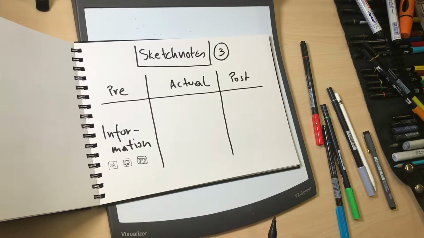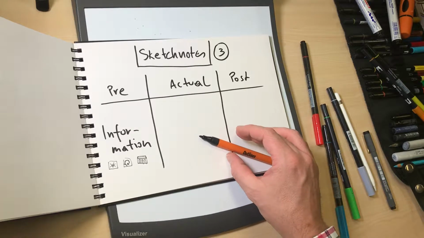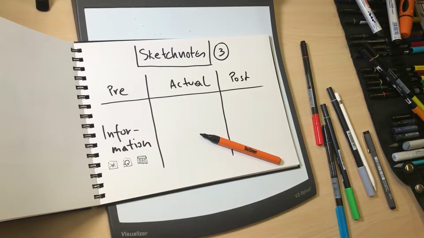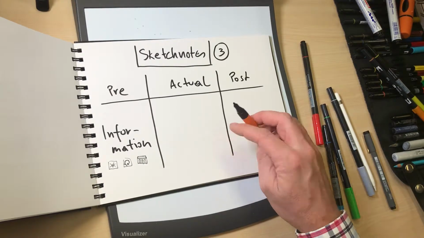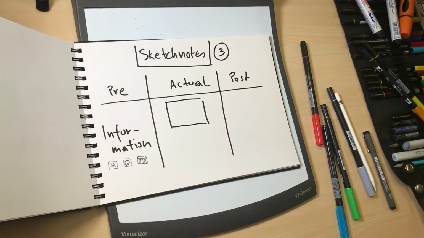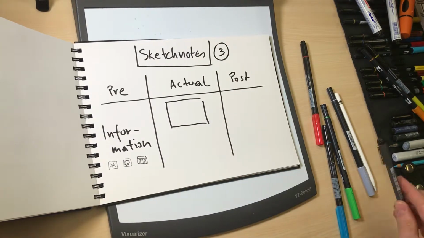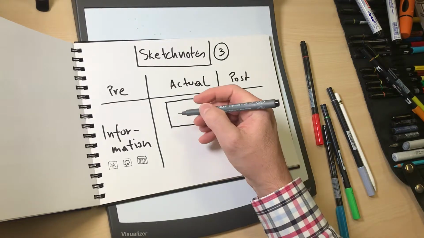Then in the actual phase, when we are doing it, it depends a little bit on how much information is going on. So if it's the usual business talk, then we maybe have lots of time and we can just, in our sketchbook, develop the Sketchnote as the talk progresses.